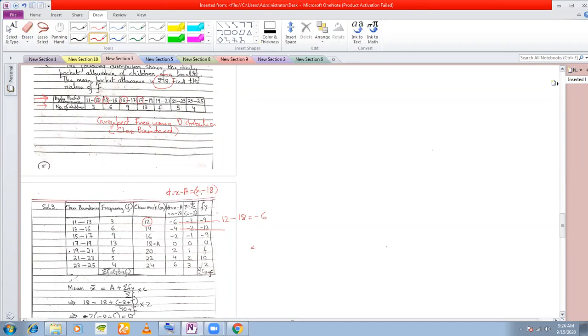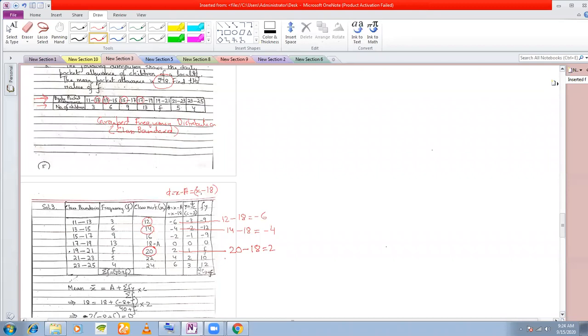My x is 14 minus the assumed mean 18, so 14 minus 18 is equal to minus 4. And how are we getting this 2 here? This is my value of x, 20, and my assumed mean is 18, getting 2. So similarly, you do for all the others.